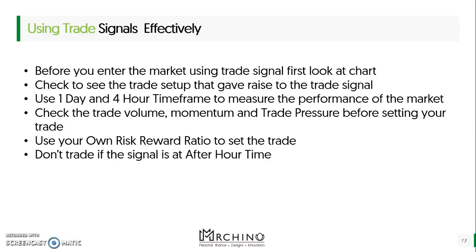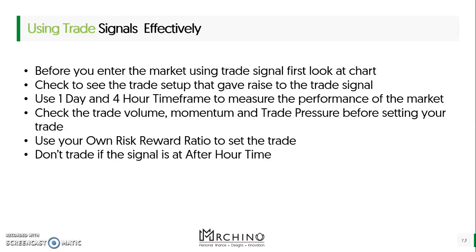If a trade signal is given out and the price has already moved beyond 5%, as in, if you look at it, the entry point is like 5% away, don't enter. Don't trade that signal. If you find that the entry point has increased by 5%, don't trade it, because you are not at a very good point.